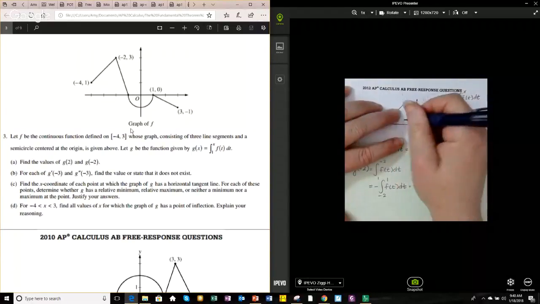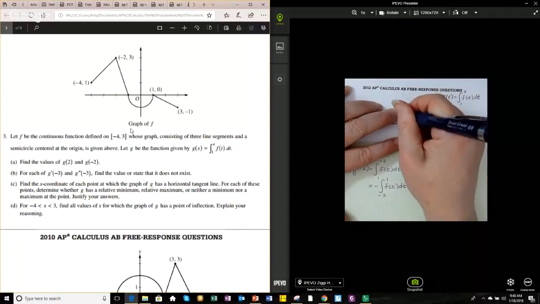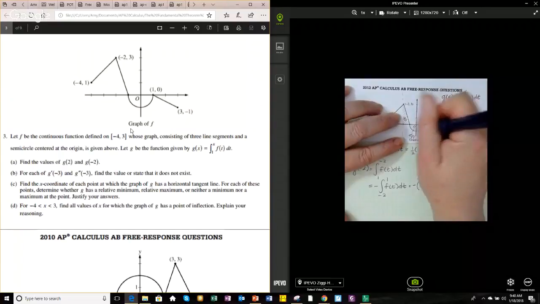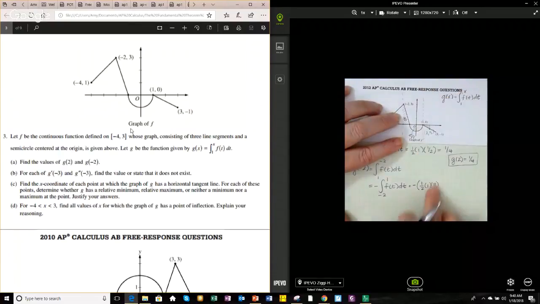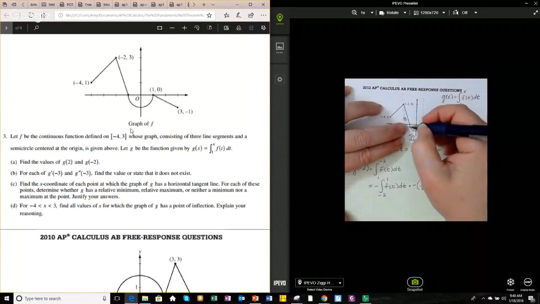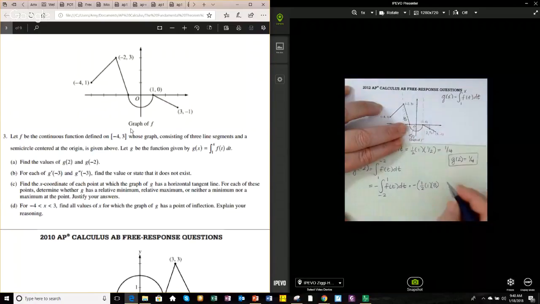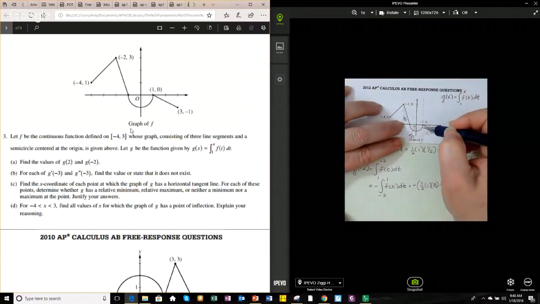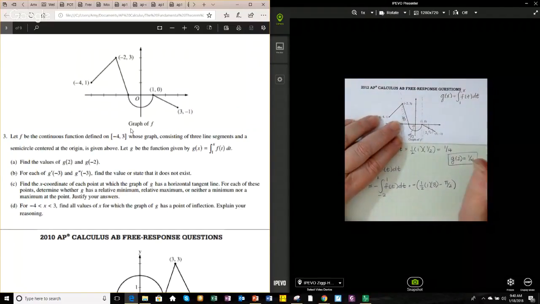Now, we said that this is going to be 3/2 here. Now, I don't put any of the signs on here when I'm doing these because I let the graph dictate what the signs are. Now, this is below, so this is going to be minus pi over 2. So it's going to be 3/2 minus pi over 2.